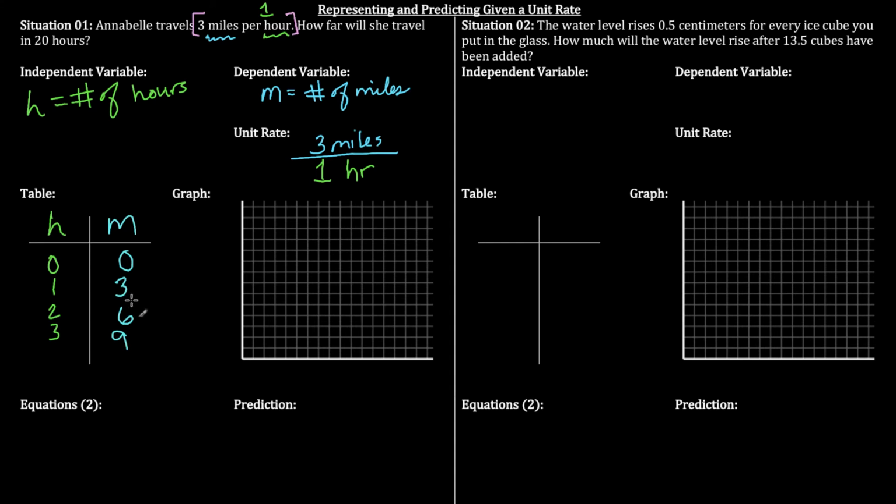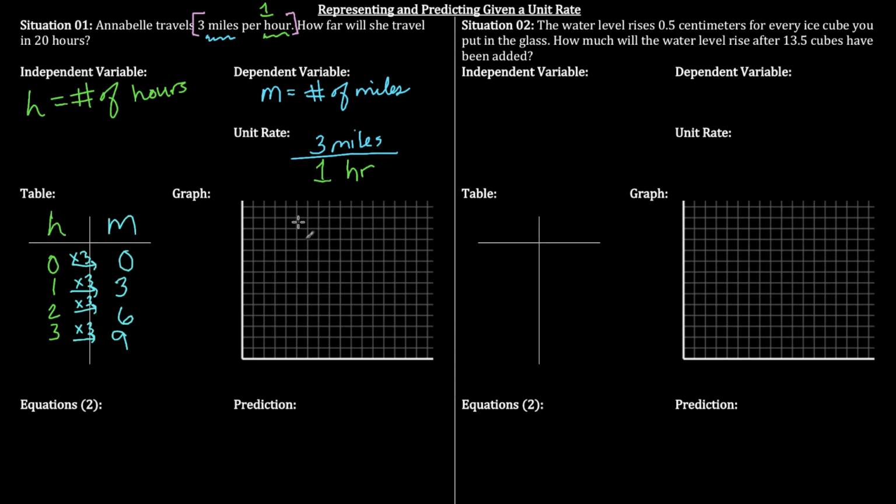One other way of doing this is just multiplying 3 times the number of hours. And even with 0, 0 times 3 isn't 3, it's 0. 0 times anything would give us 0, right?